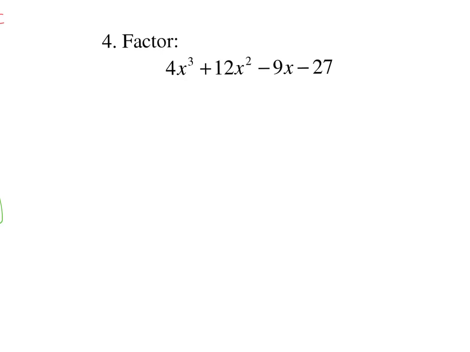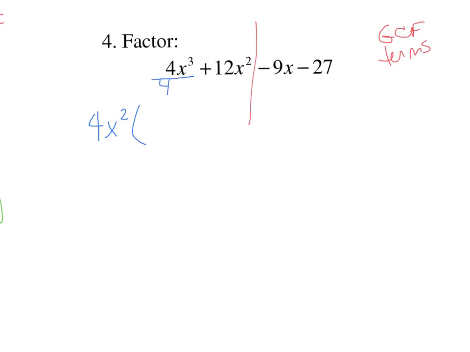On number 4, always look for a GCF first. Looking across here, I don't see anything that's common for all 4 terms. So that's the next thing we would consider, is the fact that it has 4 terms means we're going to cut it in half and we're going to factor by grouping. So what is the GCF for these 2 terms? That would be 4x squared.